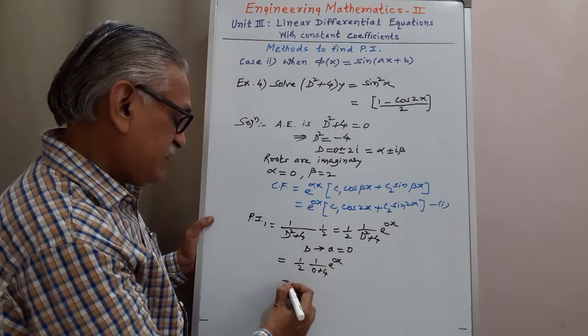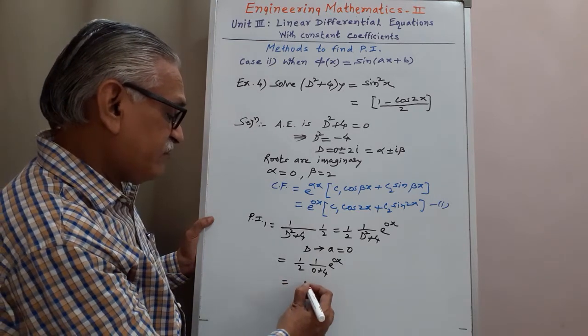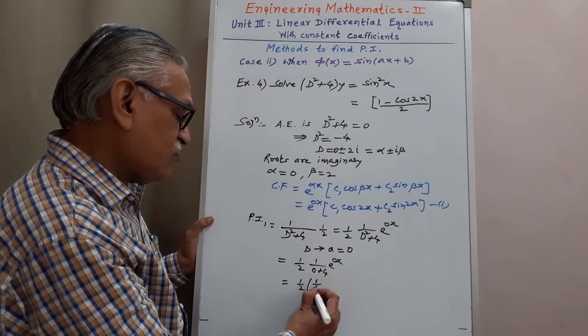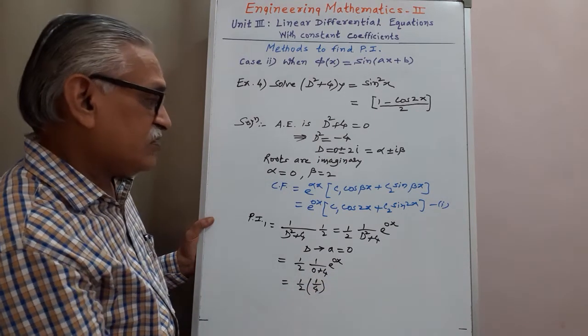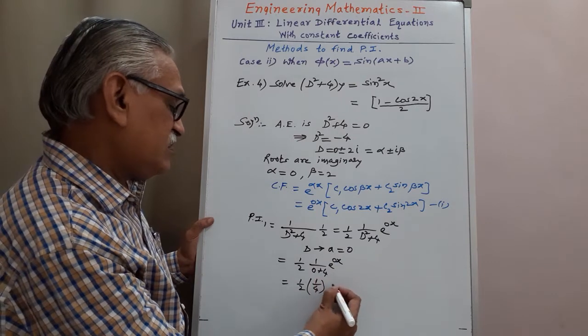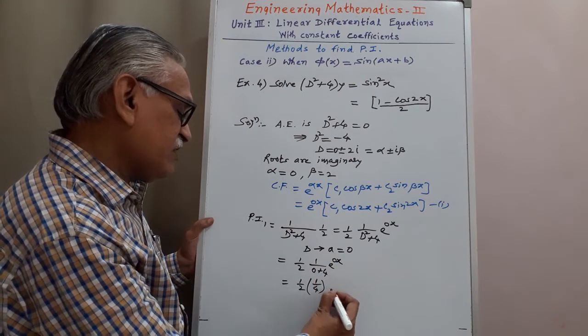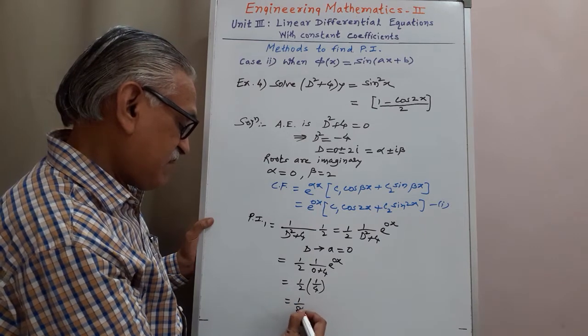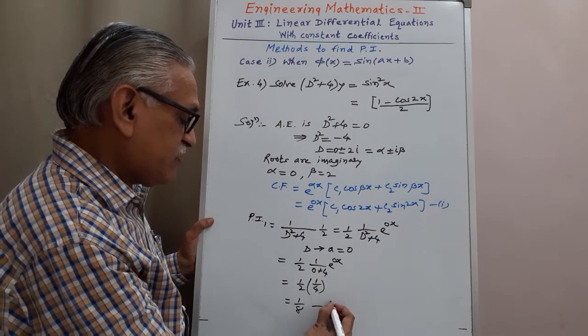We get that value as 1 by 2, 1 by 4 into e raised to 0x, which is 1, means it is 1 by 8. Equation number 2.